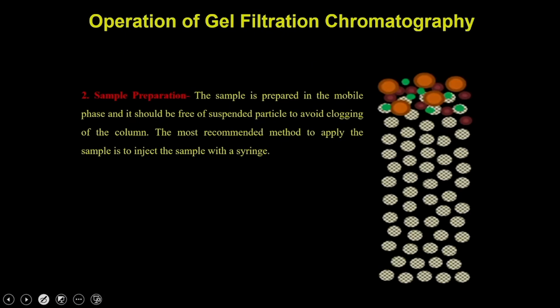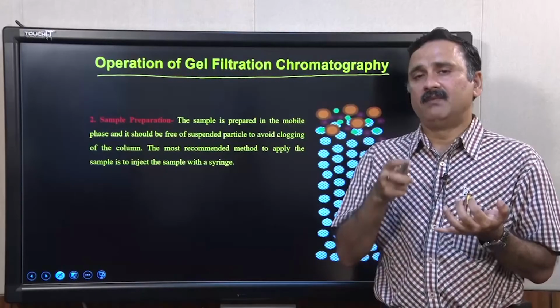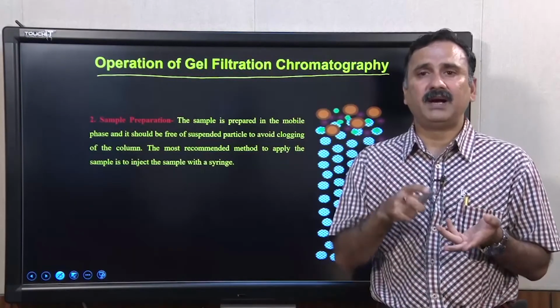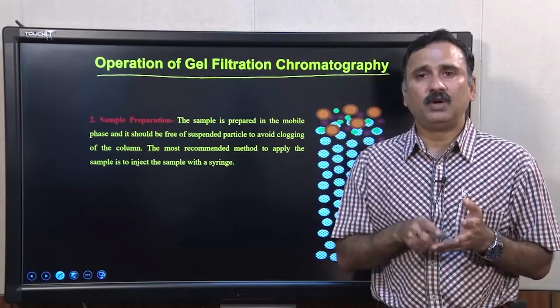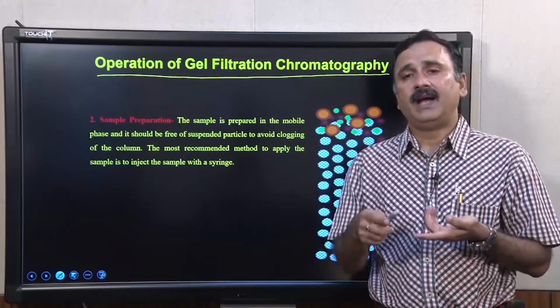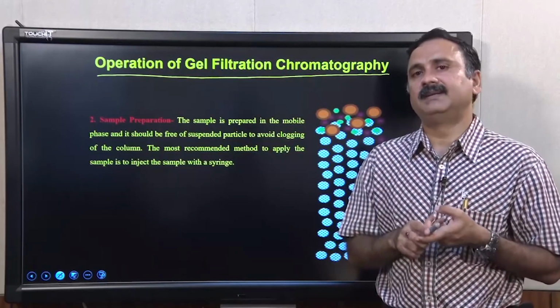Now, let us discuss the operation of the gel filtration chromatography. In the gel filtration chromatography operations, the first is to do the column packing. Once the column packing is over, you have to do the quality checking simply by calculating the total volume, either by flowing a small amount of acetone, and the third is you have to prepare the samples.